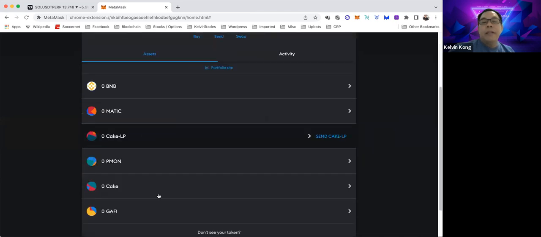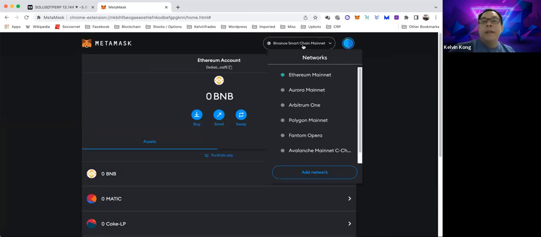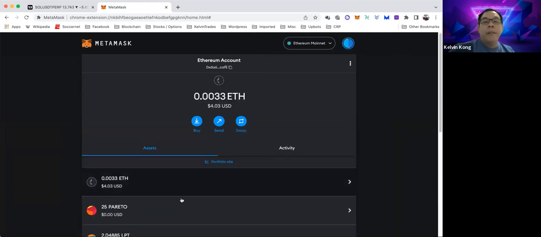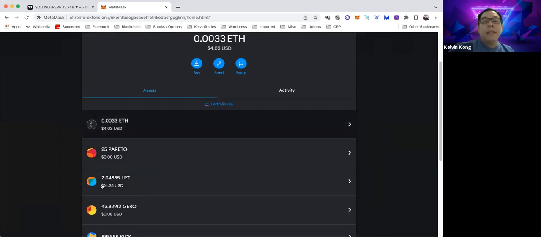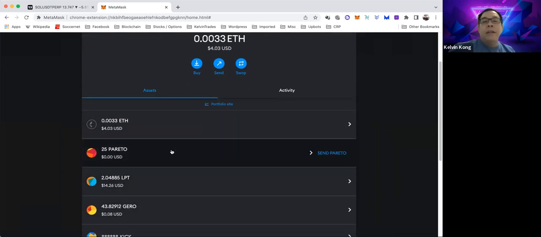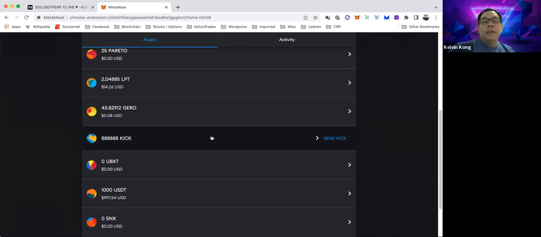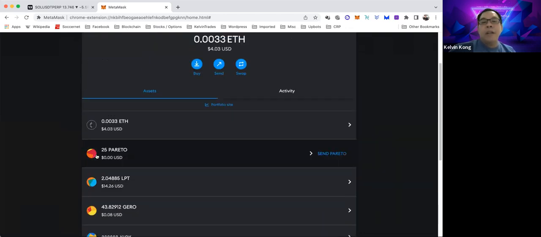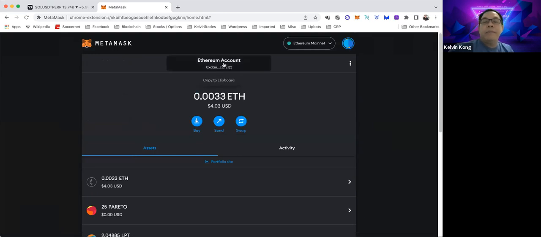You can see the tokens also change, right? If I change to Ethereum, I see the tokens change. So all these tokens currently you see here are stored in the Ethereum blockchain.